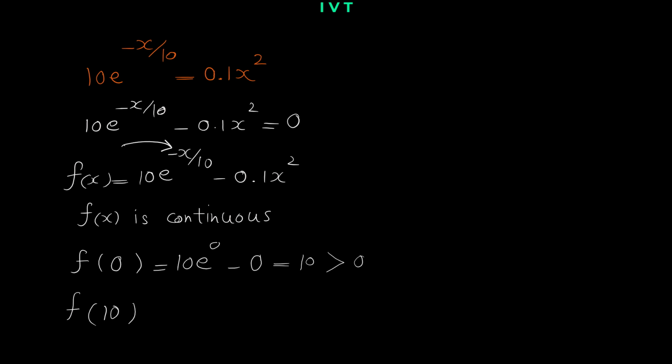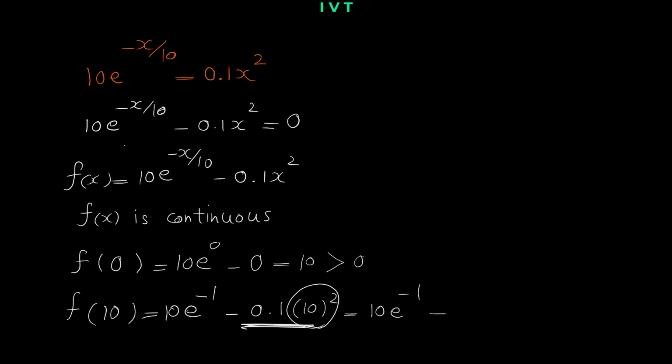If we plug in 10 for x, the function would be 10 e to the power of negative 10 over 10, which is negative 1, minus 0.1 times 10 to the 2. This equals 10 times e to the negative 1 minus 10, since 10 to the power of 2 is 100 and 100 times 0.1 is 10. I prefer to rewrite this as 10 over e minus 10.